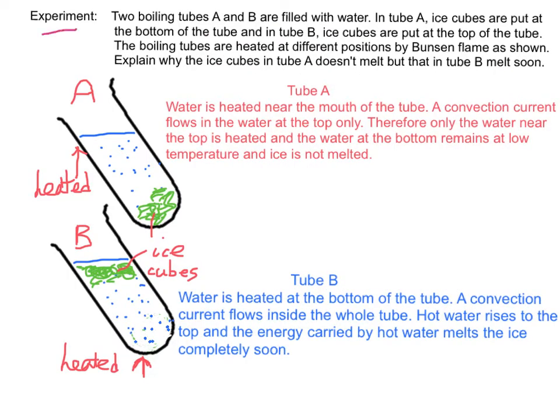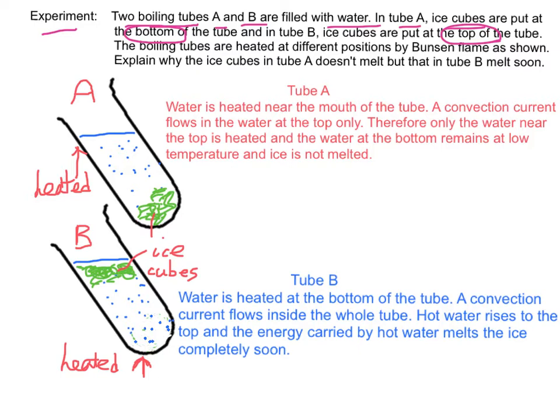We have an experiment. Two boiling tubes A and B are filled with water. In tube A, ice cubes are put at the bottom of the tube, and in tube B, ice cubes are put at the top of the tube. The boiling tubes are heated at different positions by the Bunsen flame as shown.